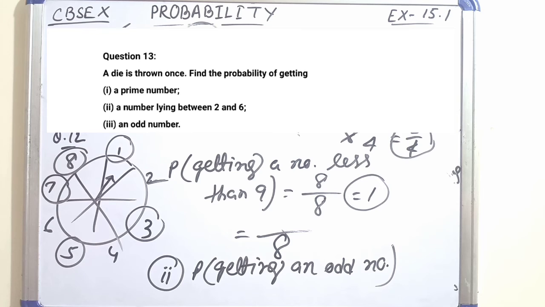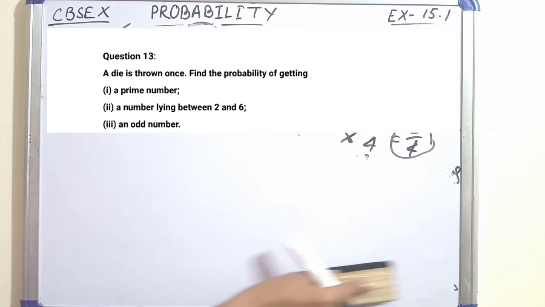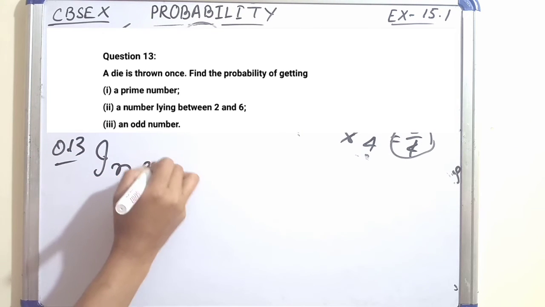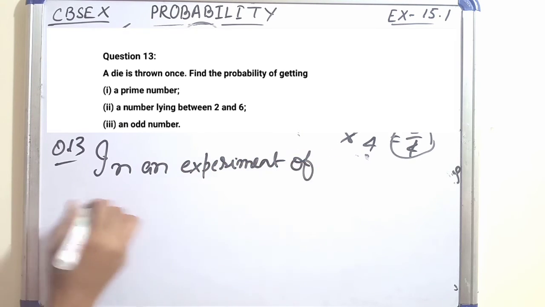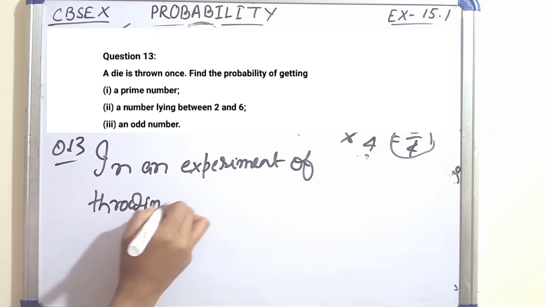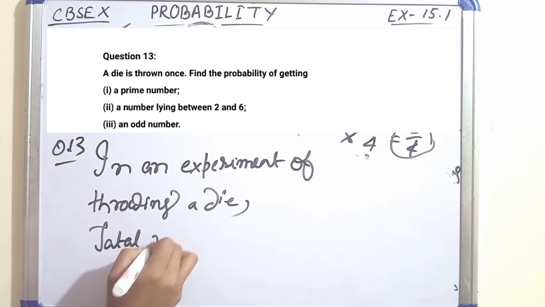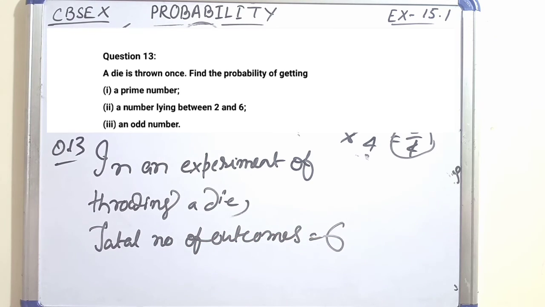So here, in an experiment of throwing a die, total number of possible outcomes is equal to 6, and you have to find the probability of getting a prime number.